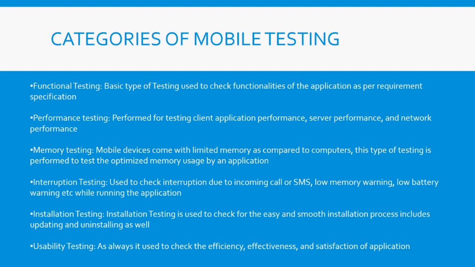Now we'll quickly go into categories of mobile testing. A lot of the things that we do in mobile app testing include functional testing, checking the functionalities of your application as per the requirement specification. For instance, if the requirement of the application is that when you log in with your credentials, it should bring up a page, you need to ensure that it does that.